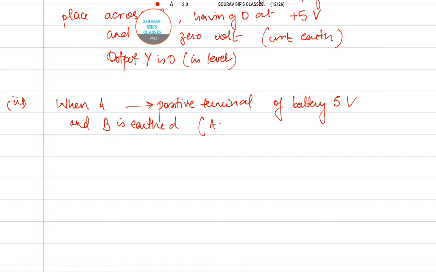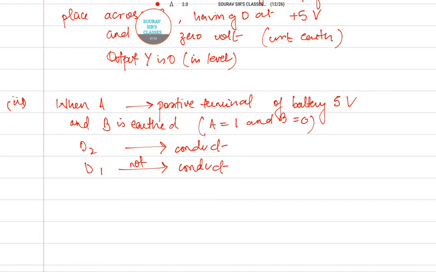That is, A is equal to 1 and B is equal to 0. Then diode D2 will conduct, but the diode D1 will not conduct.